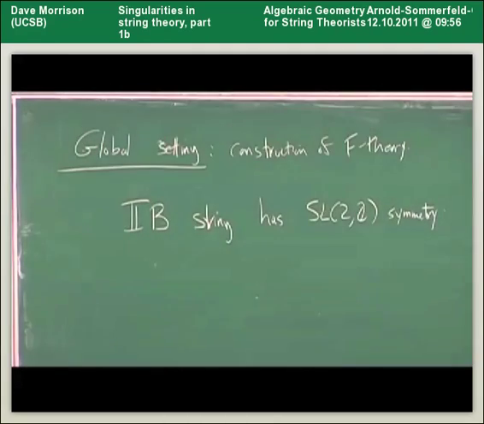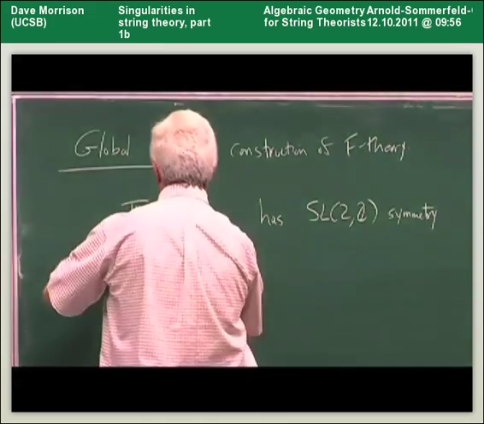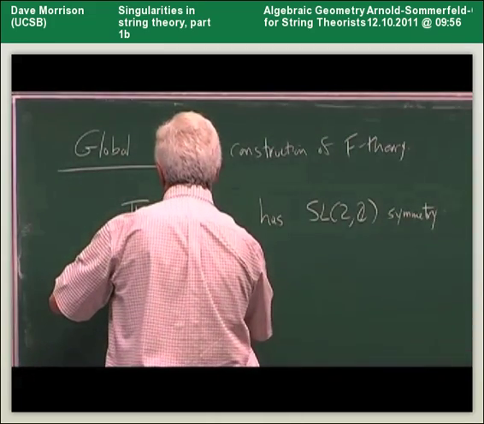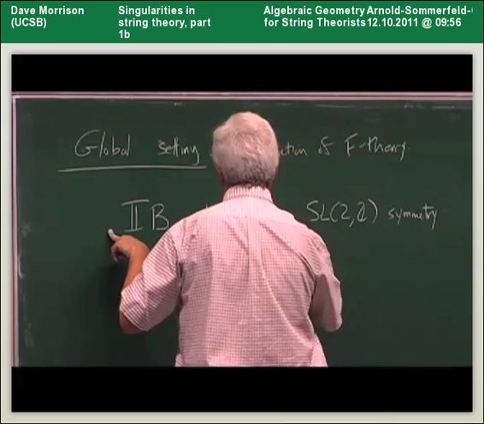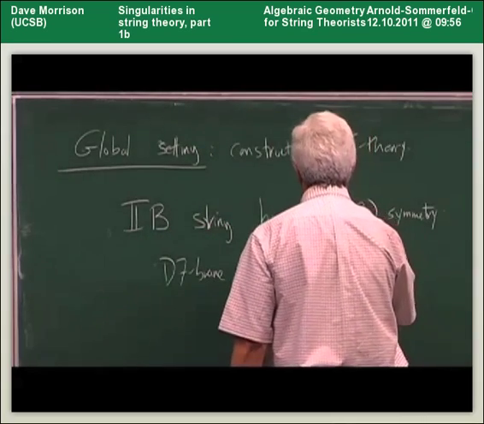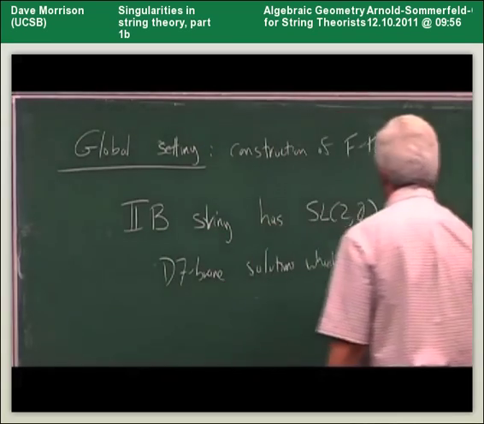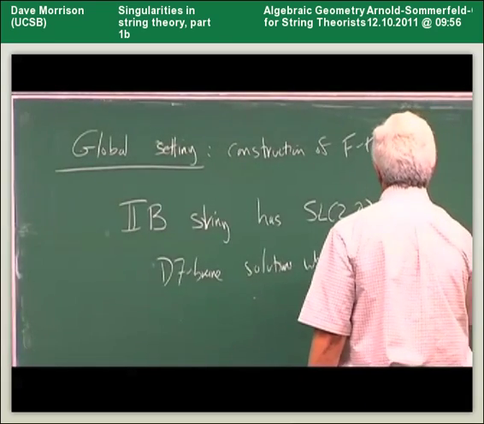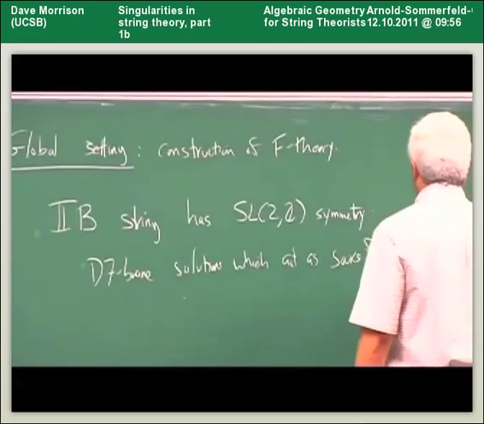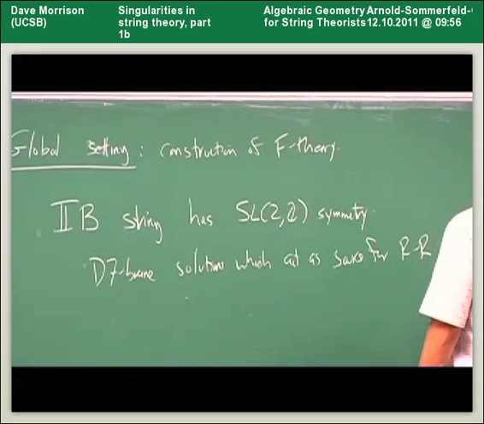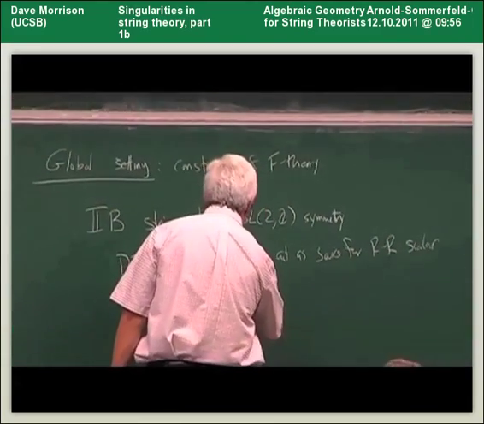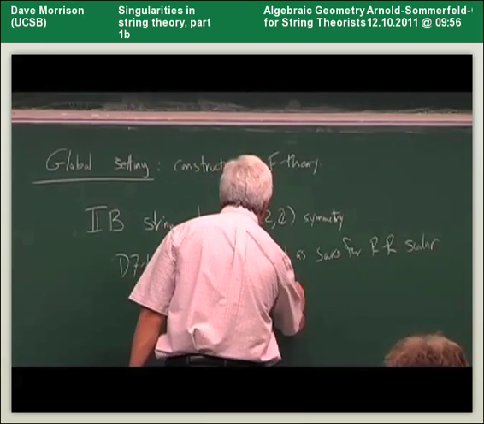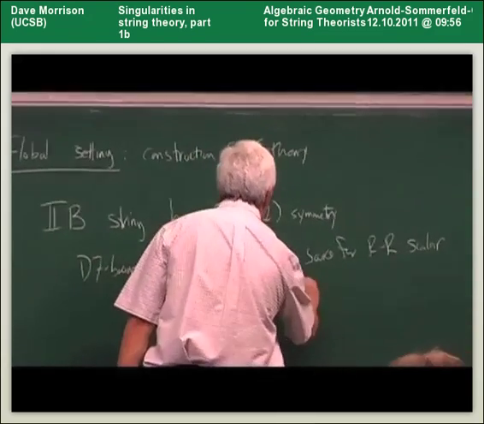So the type 2B string has an SL2Z symmetry, and moreover, there are D7 brane solutions in this theory, which act as a source for the Ramond-Ramond scalar. So James mentioned this interesting quantity, which one forms out of the Ramond-Ramond scalar plus the dilaton.